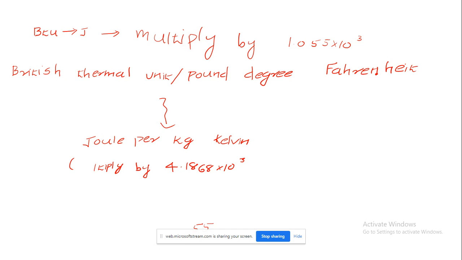Is that clear? So in order to convert British thermal unit per pound degree Fahrenheit to joule per kilogram Kelvin, you have to multiply by 4.1868 into 10 raised to 3.